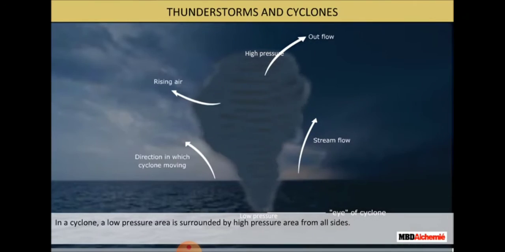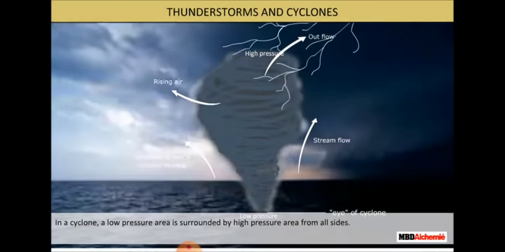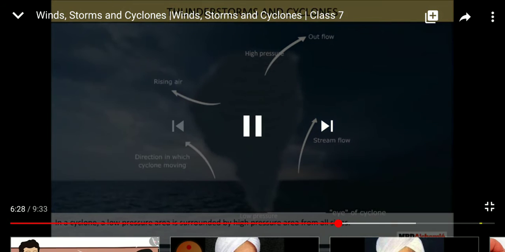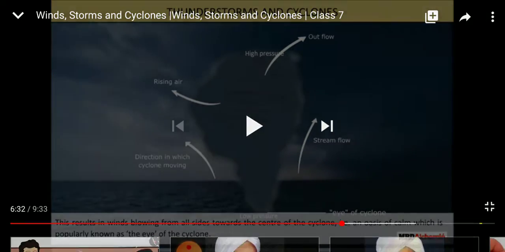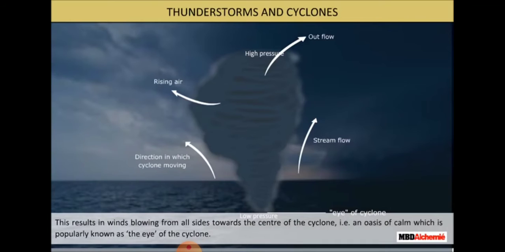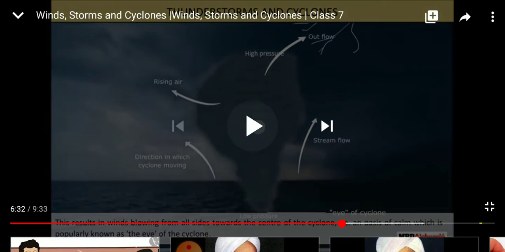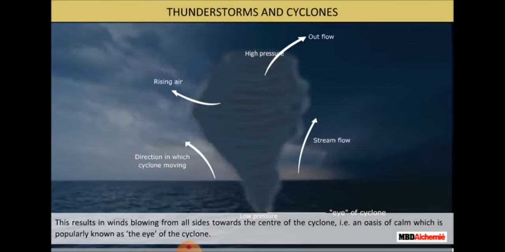In a cyclone, a low pressure area is surrounded by the high pressure area from all sides, and this results in the wind blowing from all sides towards the center of the cyclone, that is an oasis of calm, which is popularly known as the eye of the cyclone. This is the eye of the cyclone from where the cyclone originates. As you can see here.